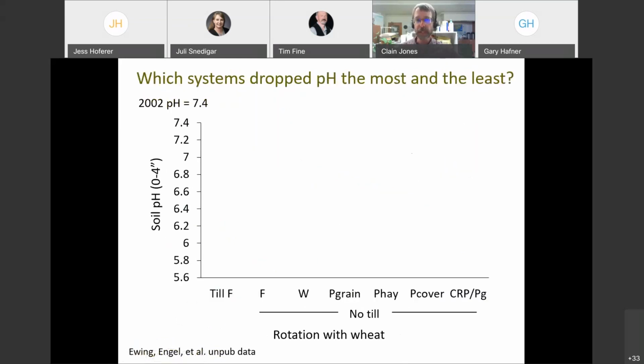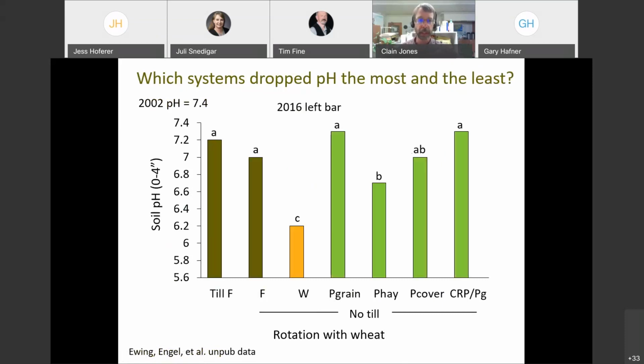So which systems in that long-term study near Bozeman dropped pH the most and which dropped it the least? Here I have soil pH in the top 4 inches on the vertical axis. The pH in the continuous wheat system really stands out. So continuous wheat, because it's getting high rates of nitrogen every year, had by far the lowest pH levels.